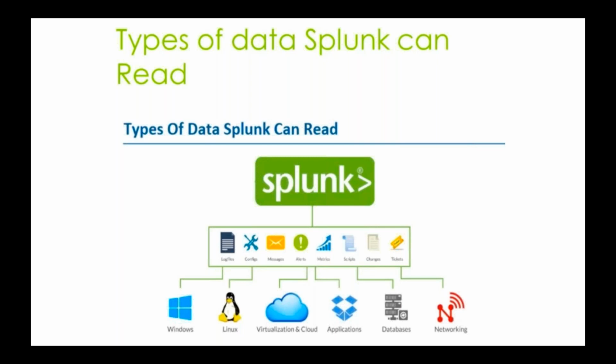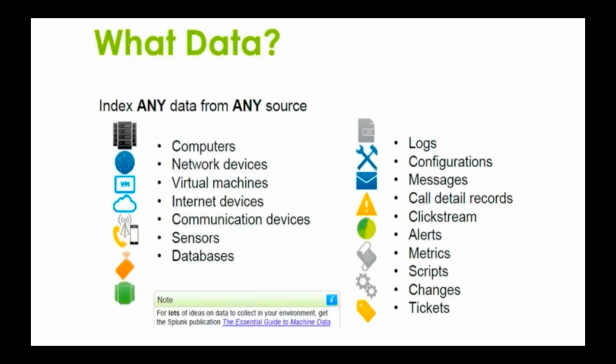In order to produce such kinds of fields, such low-level digging should happen, so how much parsing or indexing it should do. It will provide the fields. That's why indexing is the important thing in Splunk. So not only reading, it also indexes the data from all the devices mentioned here: computers, network devices, virtual services, internet services, databases. It can read the data as well as index the data.